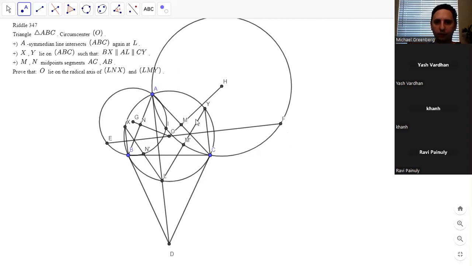So GH, let GH intersect AO at R, then GNAR is cyclic.